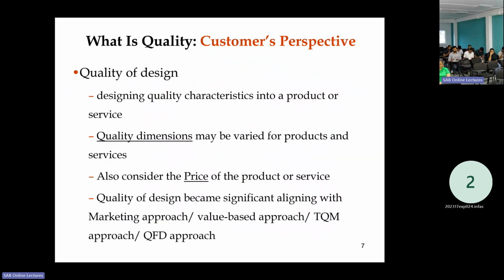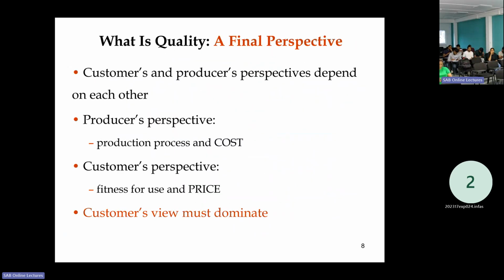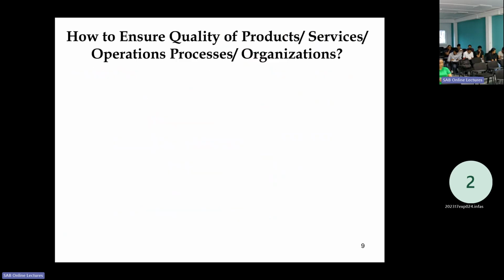For you, that is not needed. Now, among these two, the customer view must be given more prominence. The customer's view must dominate in modern markets, otherwise firms will not be able to compete.